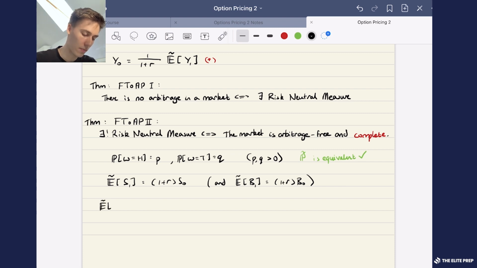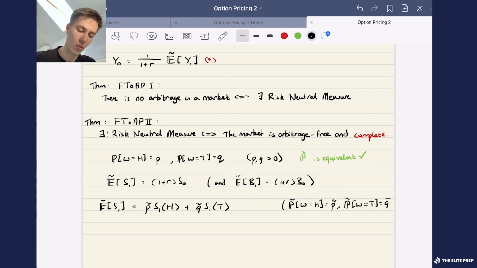E tilde of S1 is equal to P tilde times S1 of H plus Q tilde times S1 of T. That's by definition of expectation, which we defined above, because P tilde of omega equals H is equal to P tilde, and P tilde of omega equals T is equal to Q tilde.